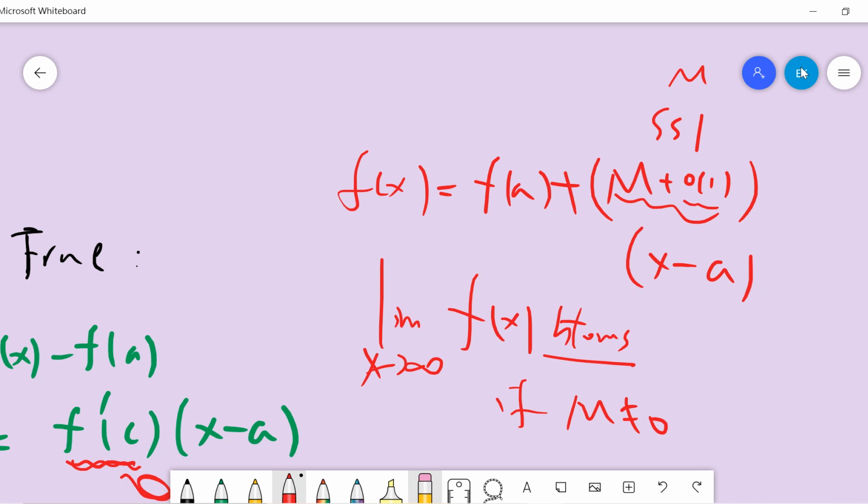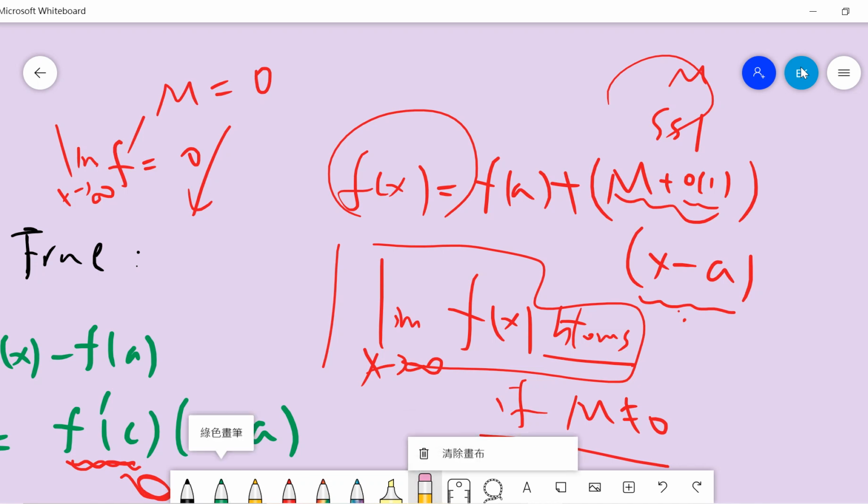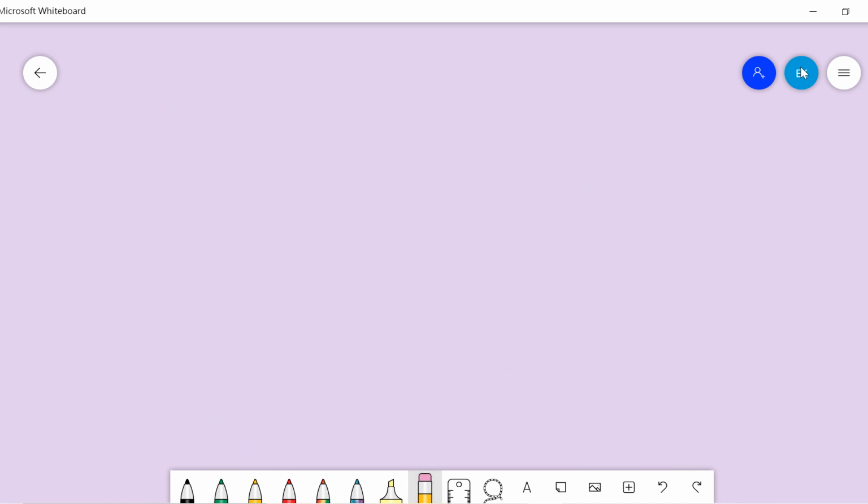If m is non-zero, this term can be arbitrarily large. So the only way for the limit of f of x to exist is for m to be 0. From this proof, we can see that m is 0, so the limit of f prime as x goes to infinity is 0. So A is correct. The answer is A.